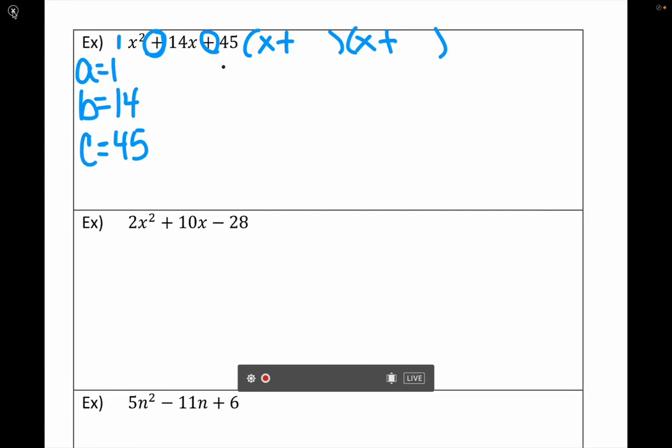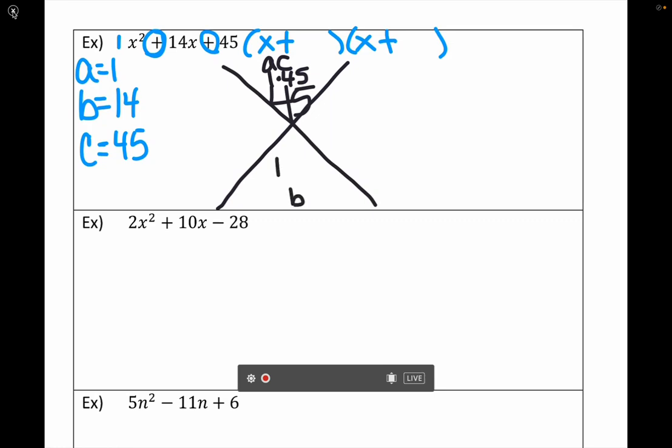So I'm going to draw. We're just going to start with a cross puzzle today. Tomorrow we'll look at the snowflake thing. Whatever A times C is, well, A is 1 times C is 45. So 45. And B is going to go here. My B is a positive 14, and we already said our signs are going to be positive.